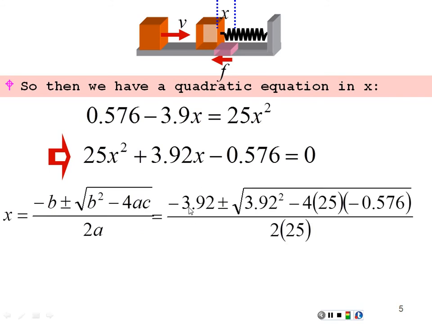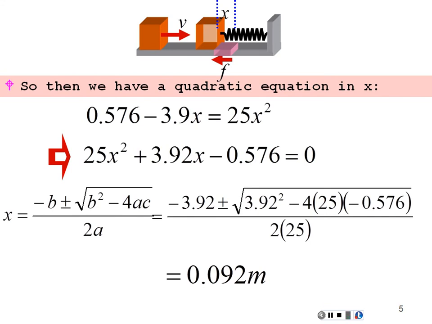A negative b, 3.92, plus or minus 3.92 squared, minus 4 times a, 25. C is a negative 0.576, so we're going to have a negative negative in our radical here, which will be plus, over 2 times a, which would be 2 times 25. And if we add these together in the numerator, we're going to get 0.092 meters.